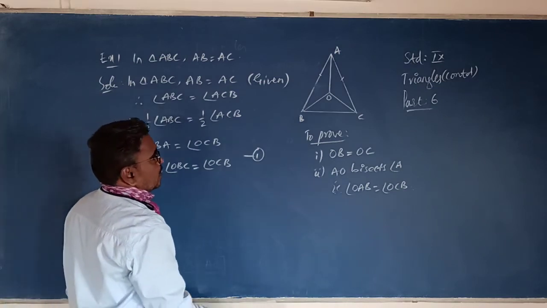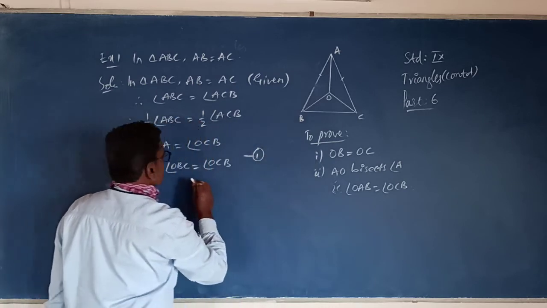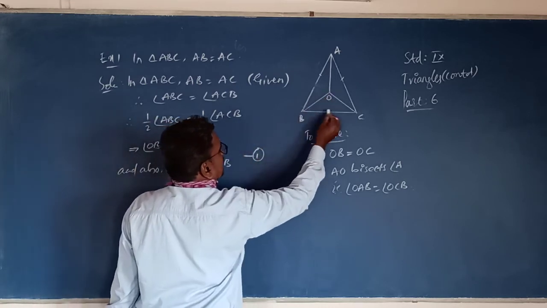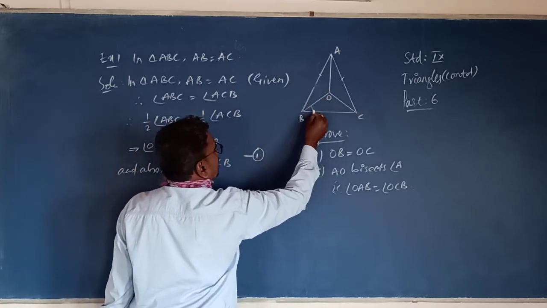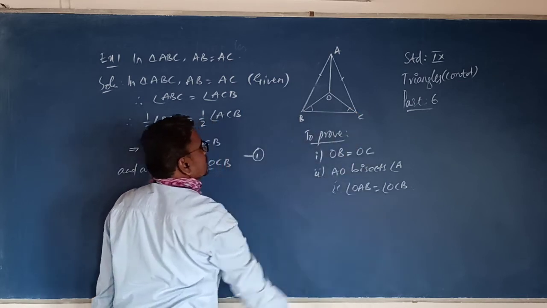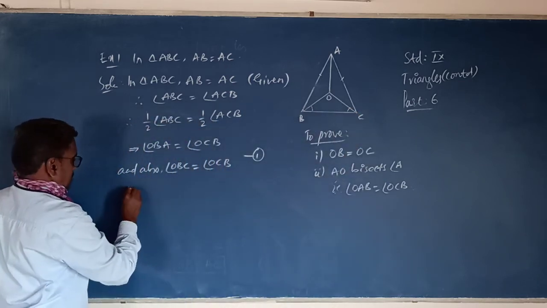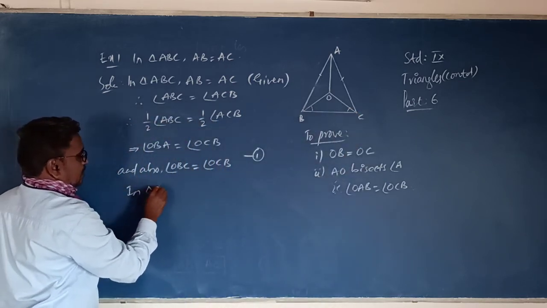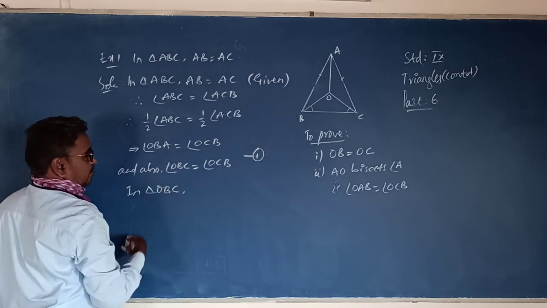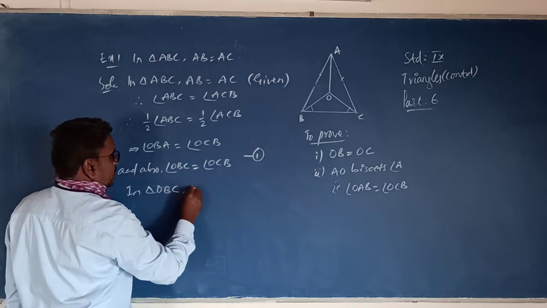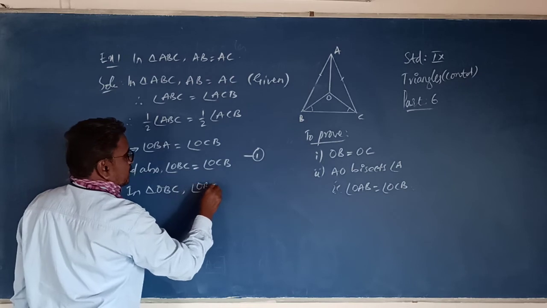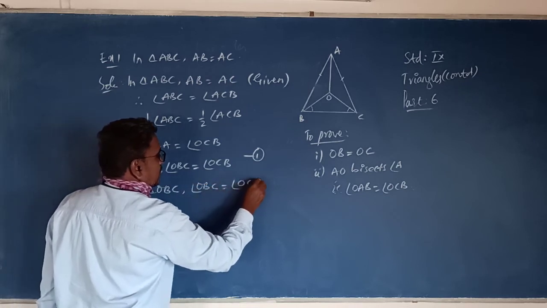In triangle OBC, angle B is equal to angle C. In triangle OBC, angle OBC equals angle OCB.